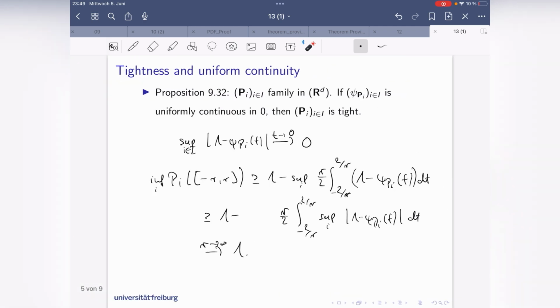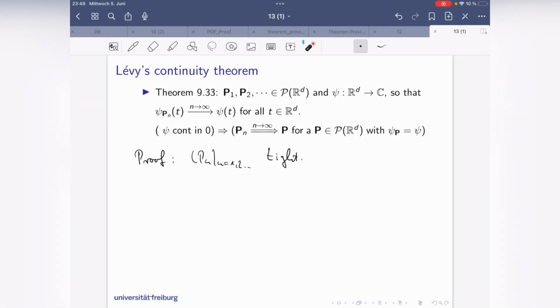So how do I get that? I have tightness. And since I have tightness, I know that there is a convergent subsequence. So I have some subsequence p_nk, which converges to some p, as k goes to infinity.